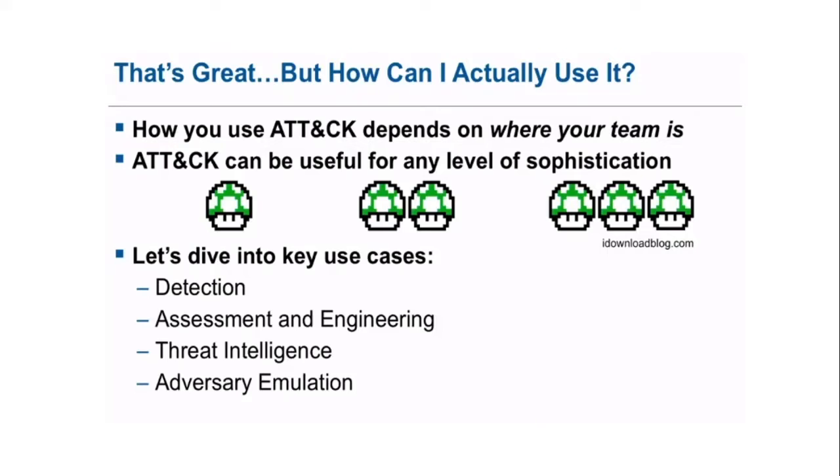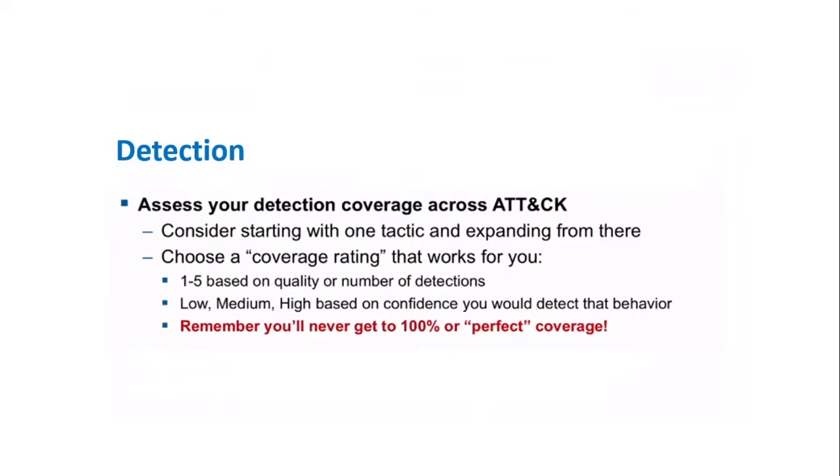Having known all this about ATT&CK, how can we actually use it in an organization, whether the organization is big or whether you're using it as an individual? So some of the use cases are in detection, assessment and engineering, threat intelligence, and also adversary emulation.